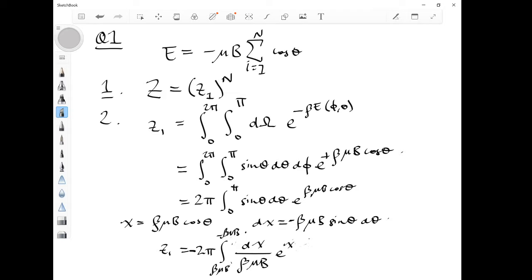And integrating this expression, we've got 2 pi on beta mu b outside of e to the x, evaluated between beta mu b and minus beta mu b.